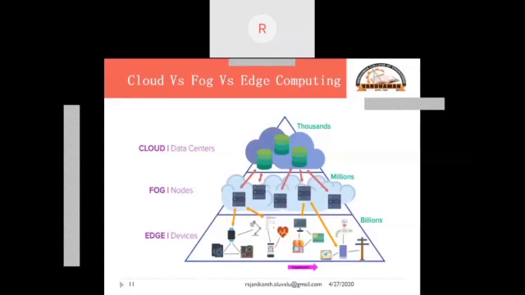The fog says your computing, your data will be available at your doorstep, and this is the distributed environment. And now the fog reduces the amount of data that has to be sent back to the cloud. In simple terms, the fog works like a cache, the cache memory in your memory hierarchy.